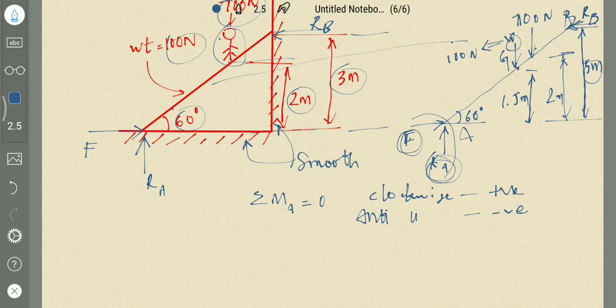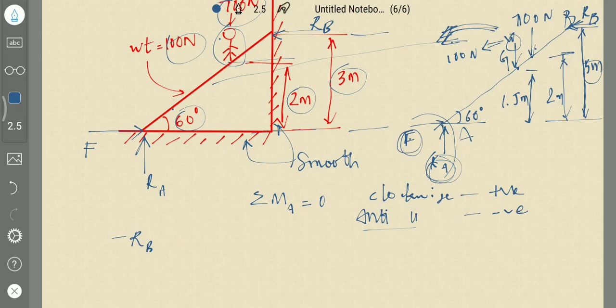So what are the forces? Suppose this is horizontal one, minus R_B, because this force is trying to turn the ladder in anti-clockwise direction with respect to A. Anti-clockwise is negative, minus R_B.